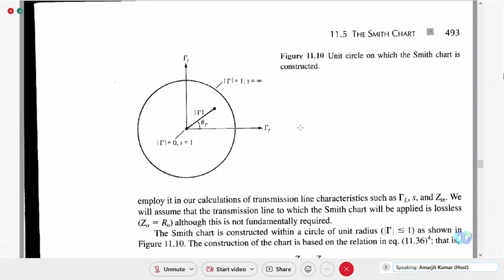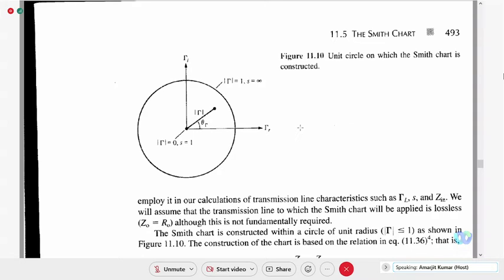So these things we can calculate using the Smith chart. We have analytical methods also, using mathematical expression formulas, and this is a graphical technique. So this is simpler than the analytical method.